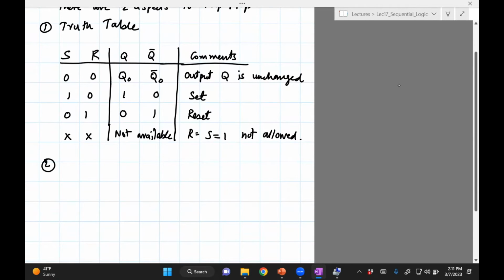Now, this truth table by itself will not work the way it is unless it is triggered by the clock. The clock has this function of actually enabling S and R to do their thing.